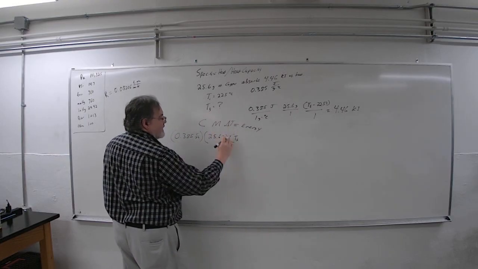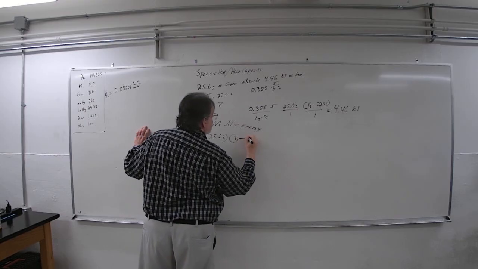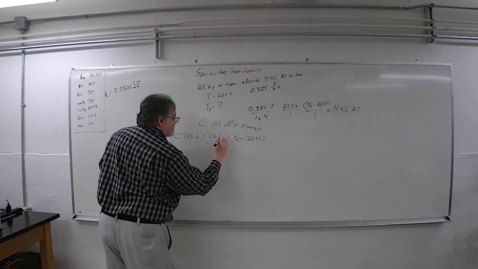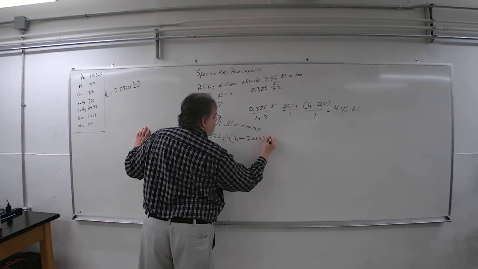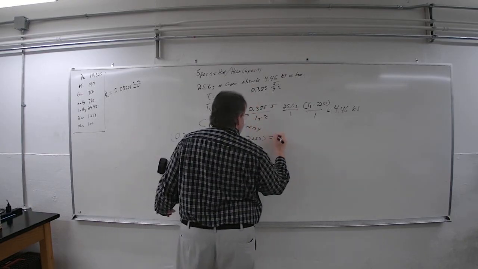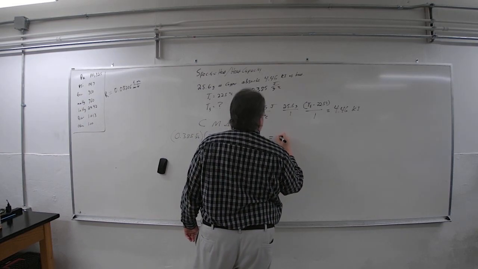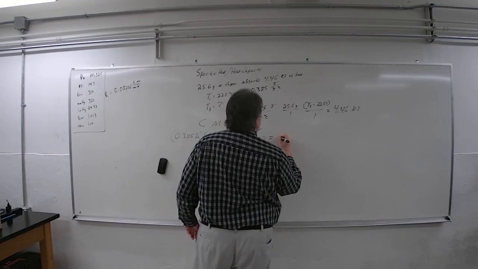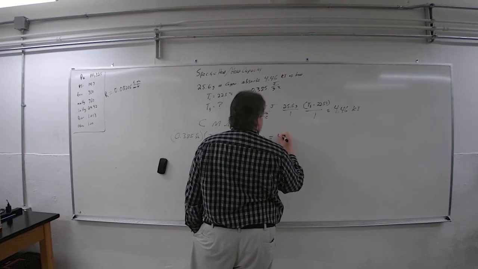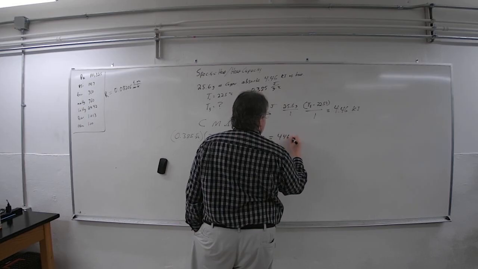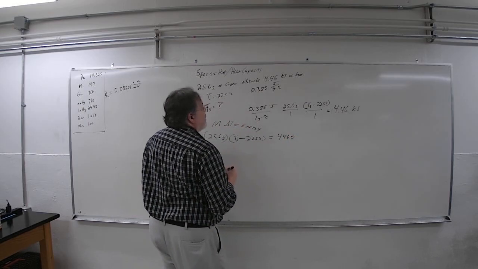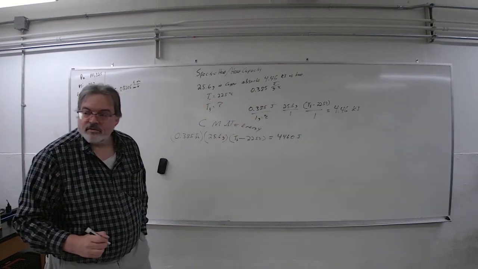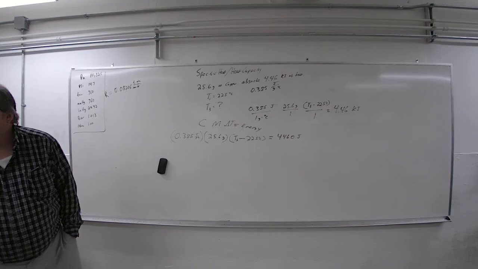Since we're trying to find final, I have to write it this way. Temperature final minus the initial was 22.5 degrees C. This was grams. And that equals 4.46. Yeah, I didn't convert it. 4.46 kilojoules is... joules. There, I converted the kilojoules to joules.